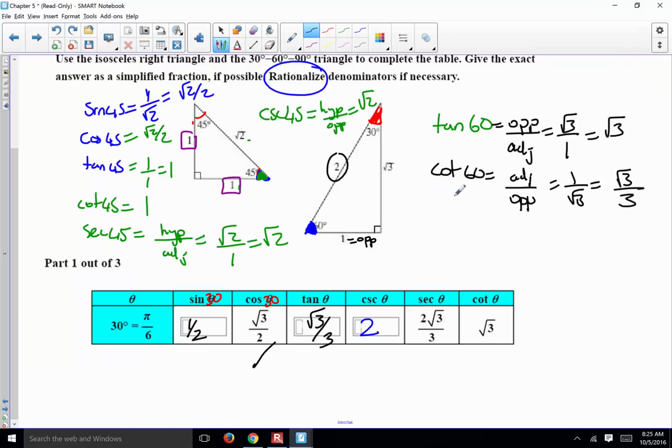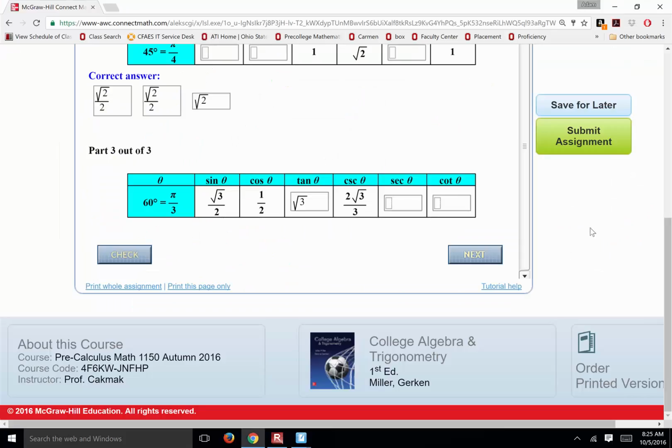And what was the other one? Secant. Secant 60 is hypotenuse over adjacent. Hypotenuse is 2, adjacent is 1, right? For blue. This is adjacent for blue, which is 2. Okay?